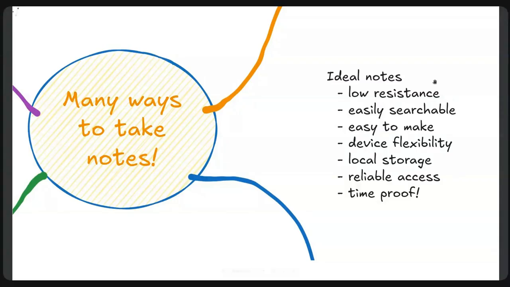You can think of several scenarios where you might want that material to be available at a moment's notice in the pocket on the screen of your phone, right? So whatever notes you take must be available across devices. You must be able to probably log in through some computer, some external computer, and maybe even there be able to access your notes. So that is something also to keep in mind.